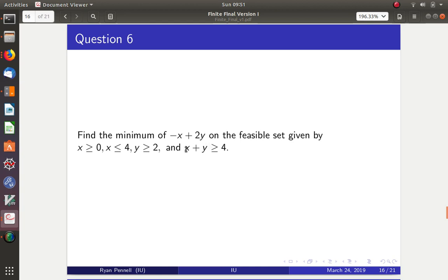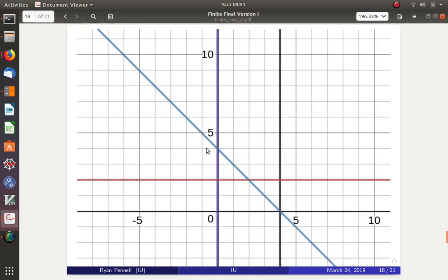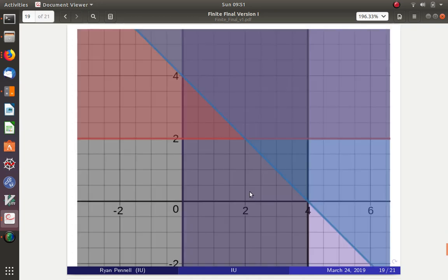So for the intersection, you can just find x equals 4, so you have the point 4, 0, and then here you can find the point 0, 4. So that's how I connected those. So here that's this line. And we know the direction because we plugged them in. So here is our region of interest.